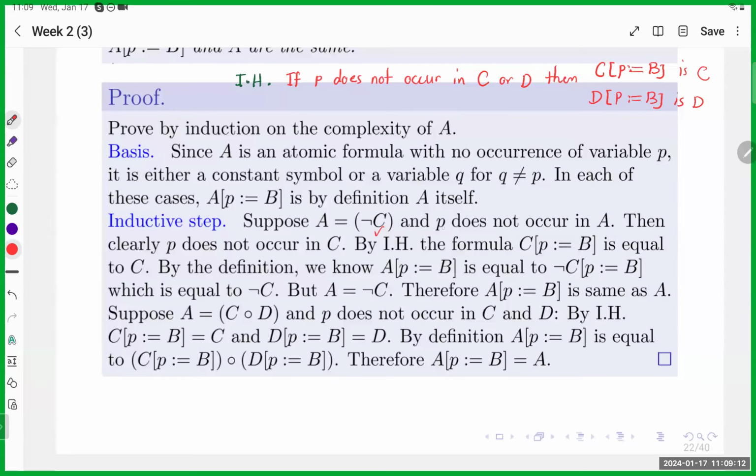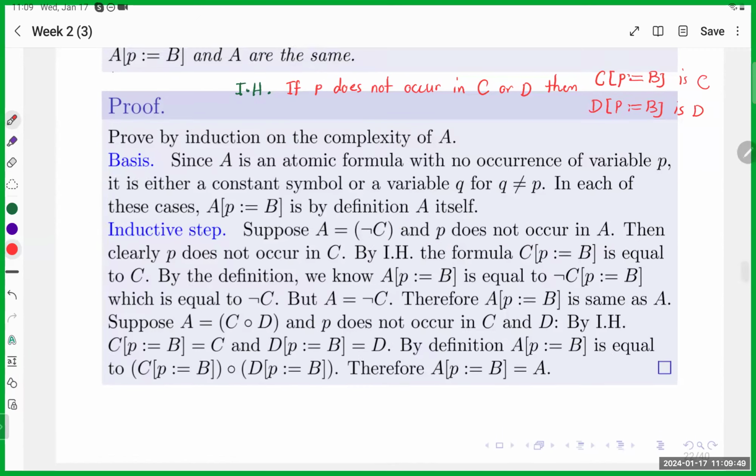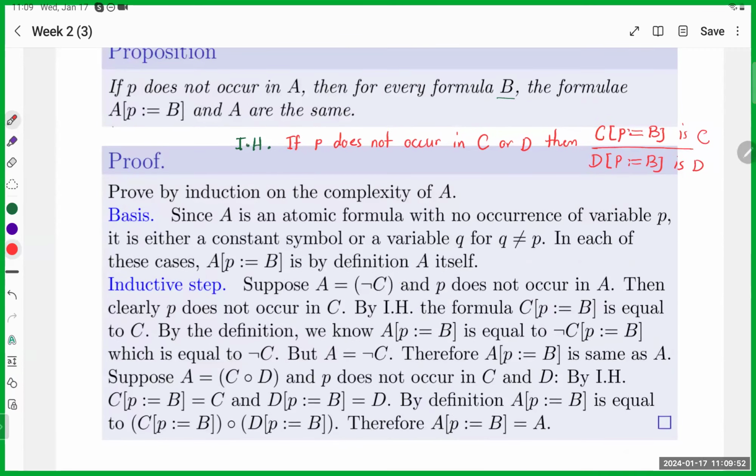Well, we take A such that P does not occur in A. Now, if P does not occur in A, it cannot occur in C as well, because A is negation of C. So the inductive hypothesis applies for C, meaning the result of the substitution of P with B is C.